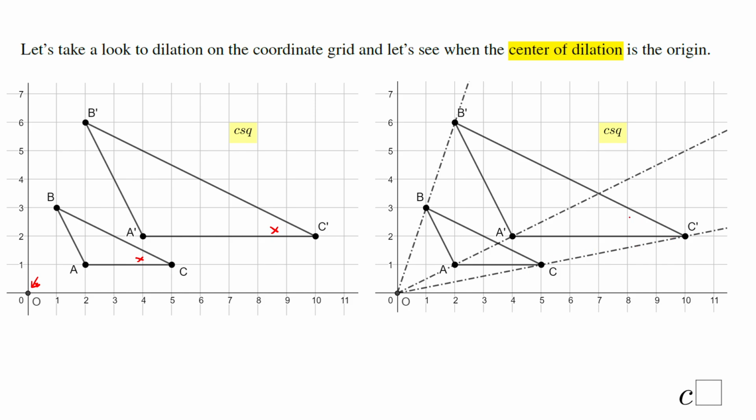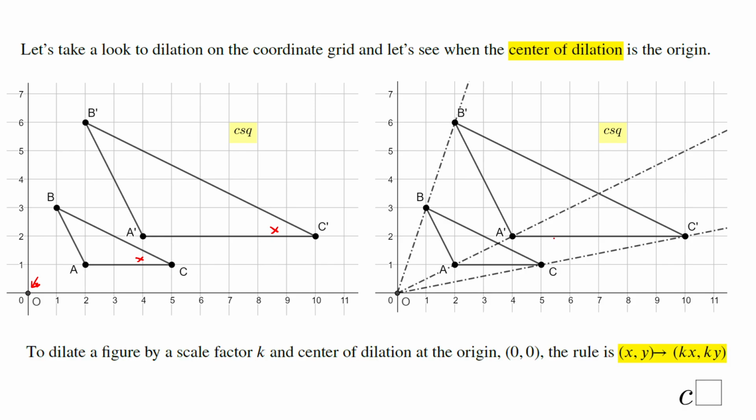That is something that we're going to use in this lesson a little bit later. And here you notice also there is a rule that can be used for doing a dilation of scale factor k when the center of dilation is at the origin 0 and 0. And you see it right there.